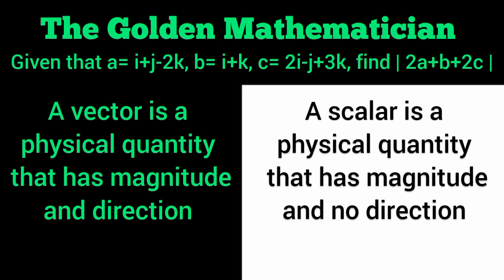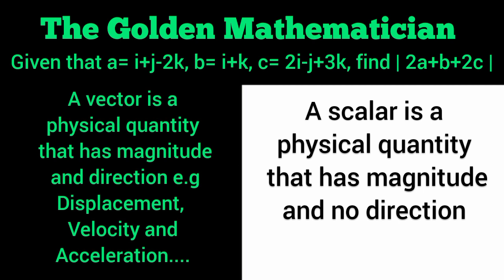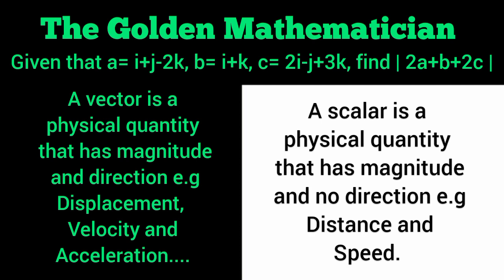In simple terms, the difference between a vector and a scalar is the fact that a vector has direction while a scalar does not. Examples of vectors include displacement, velocity, and acceleration, just to mention a few, while distance and speed, on the other hand, are examples of scalars.